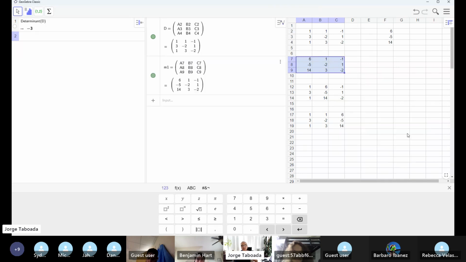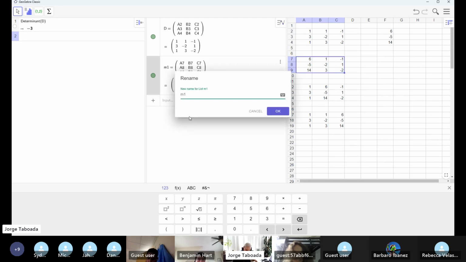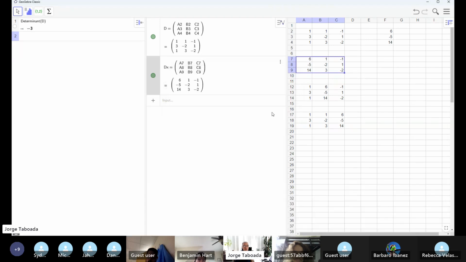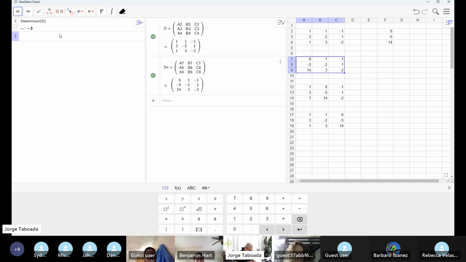Create matrix. This is the matrix, the name of this is dx. And compute the determinant also of the matrix dx. It is -3 again.